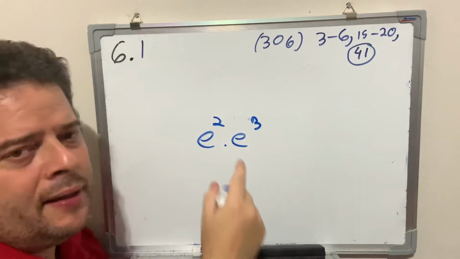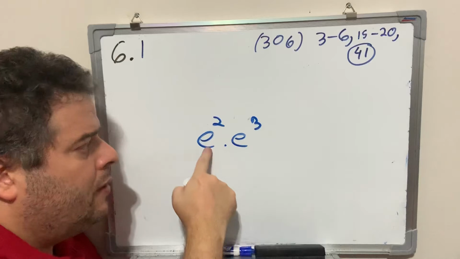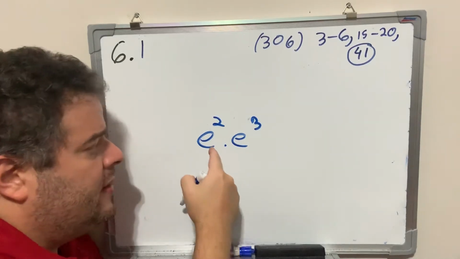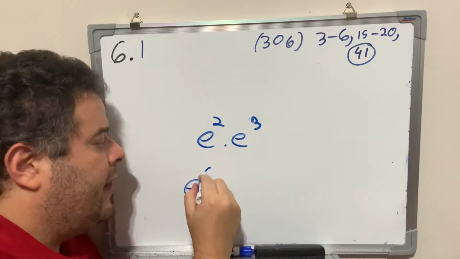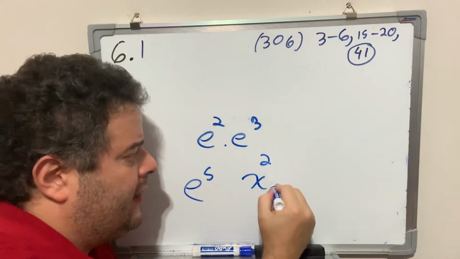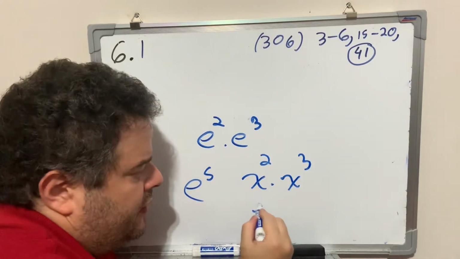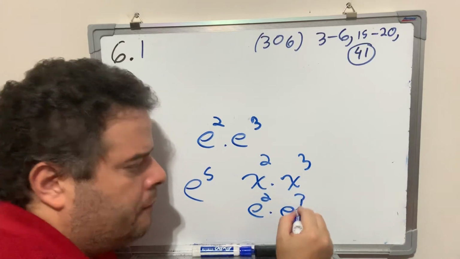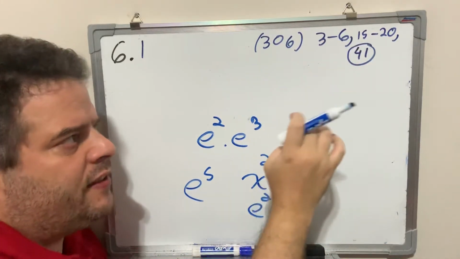If you're multiplying these two terms, I have the same base. Since it's a multiplication, you add the exponent. The exact same rules apply, only instead of an X, you're just changing it for an E. Same deal. That's 3 to 6.